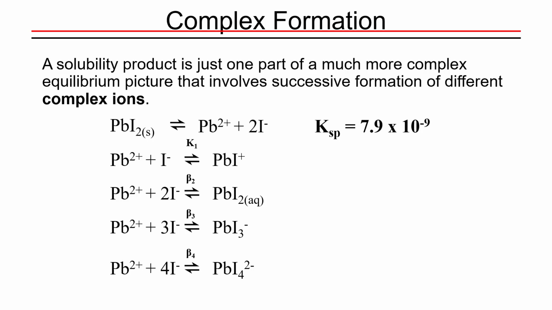And the way you would use beta values is to describe the series of all the available complex ions that could form using related equilibria, some of which are described by beta values, some of which are described by Ks.